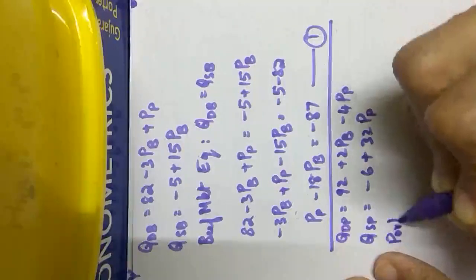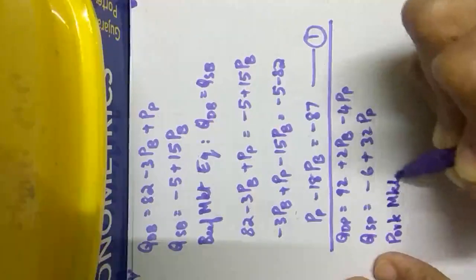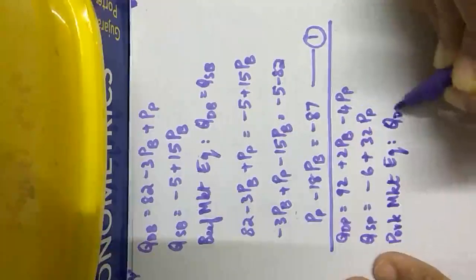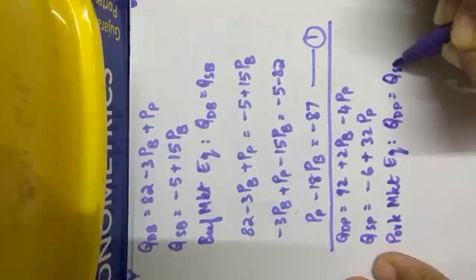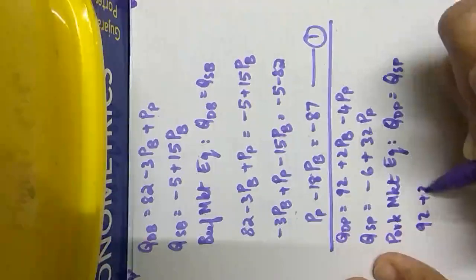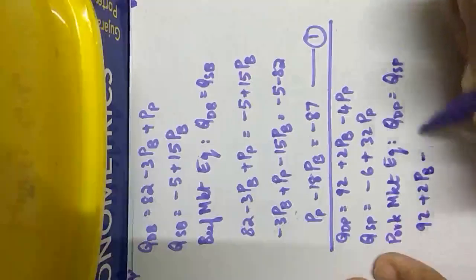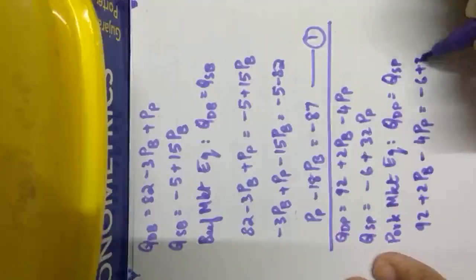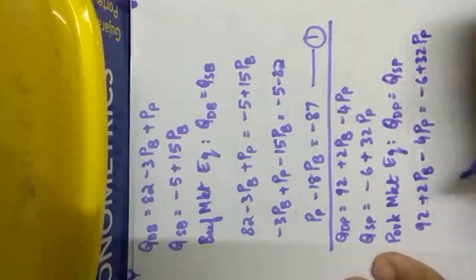The pork market equilibrium is when quantity demanded of pork is equal to quantity supplied of pork. So 92 plus 2 times price of beef minus 4 times price of pork is equal to minus 6 plus 32 times price of pork.